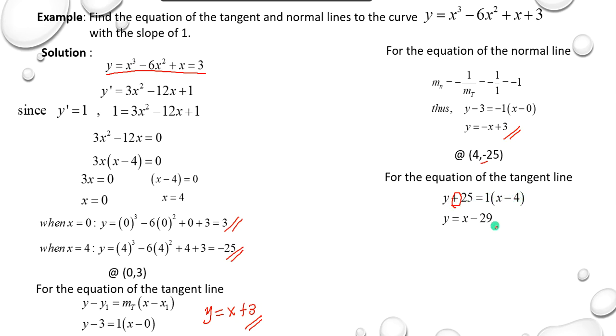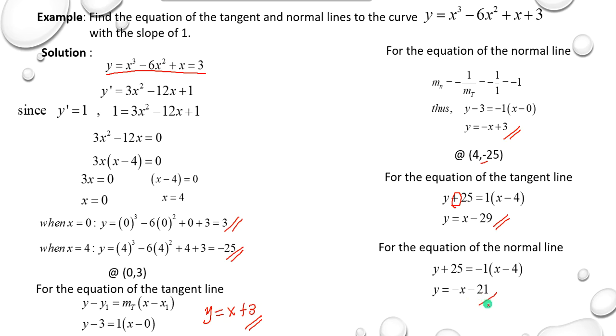So we have the equation of the tangent line. For the equation of the normal line at the point 4 and negative 25, we have y plus 25 equals negative 1 times x minus 4. So we have y equals negative x minus 21.